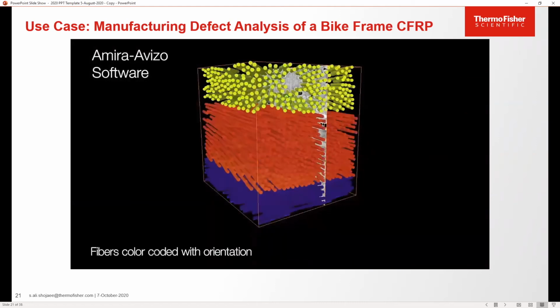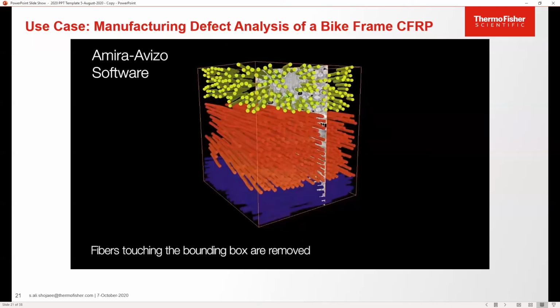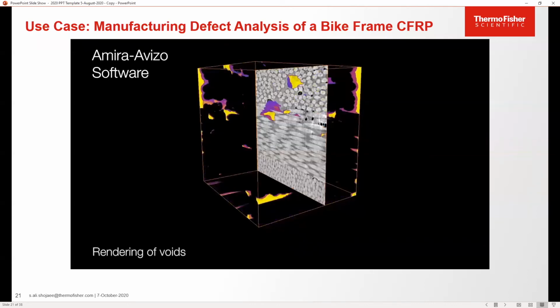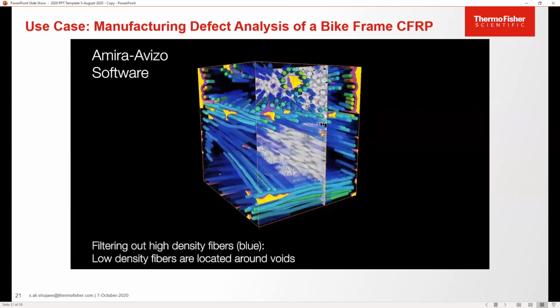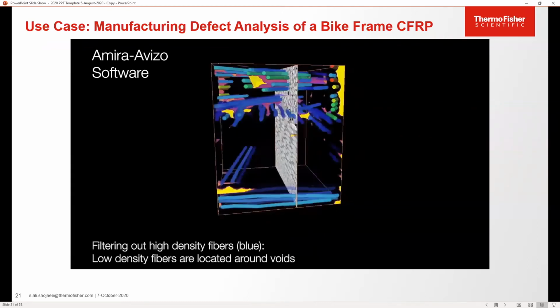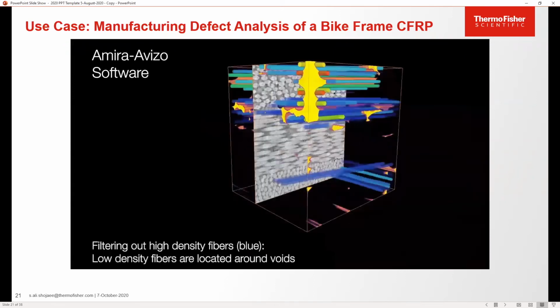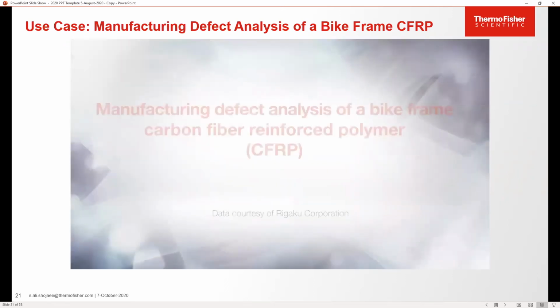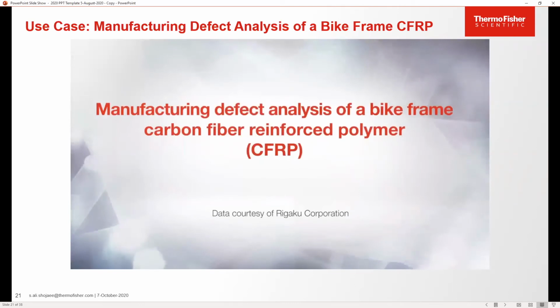You can extract individual fibers, look at their orientation, and control how they are colored. And you can do much more. For example, you can just keep the fibers that are around the regions of interest in your sample.